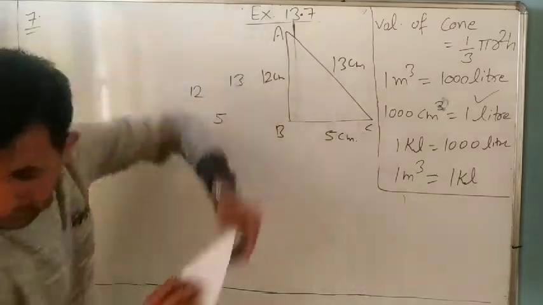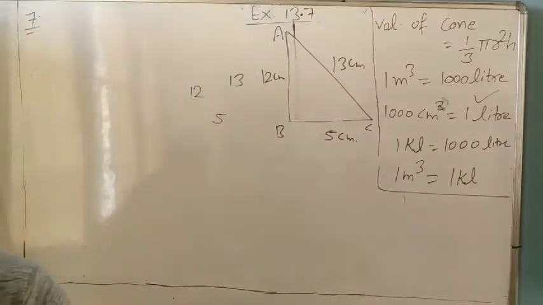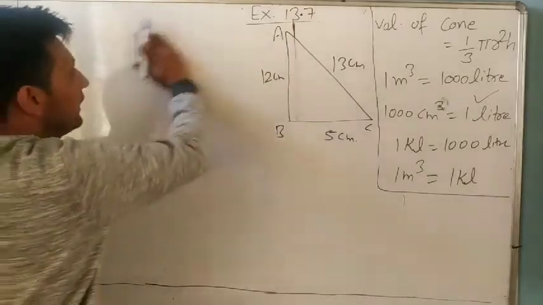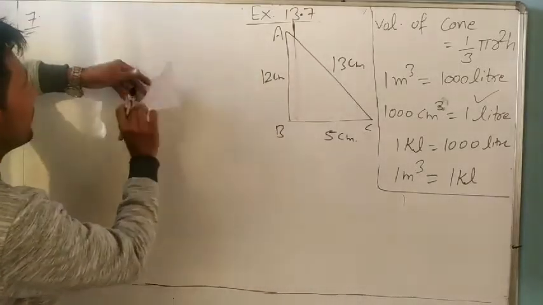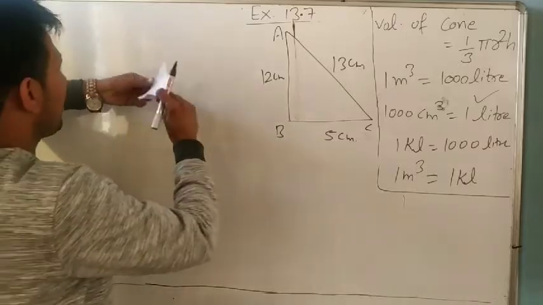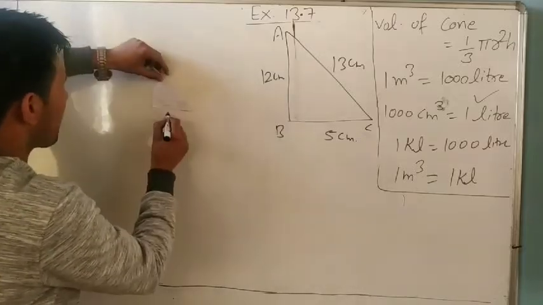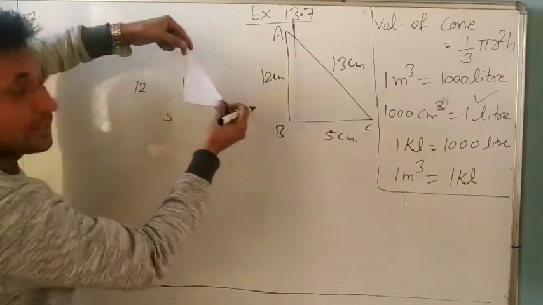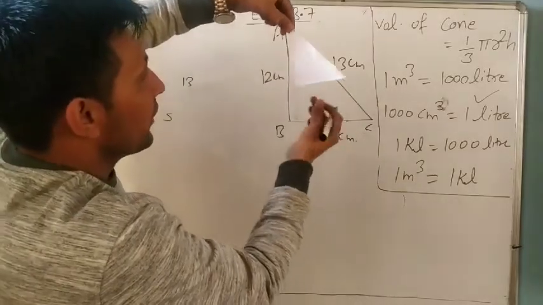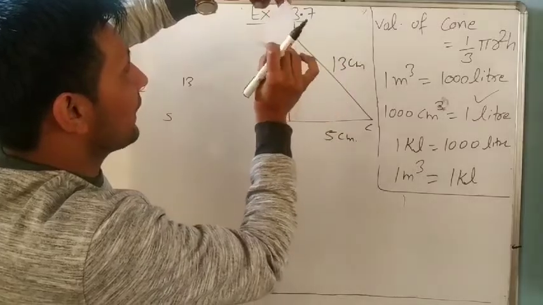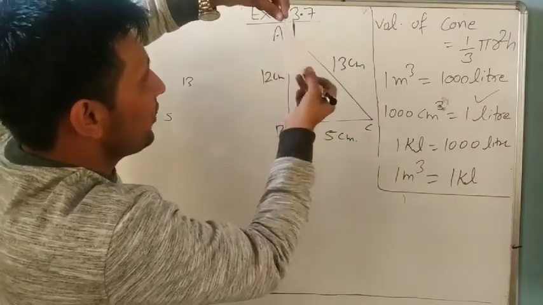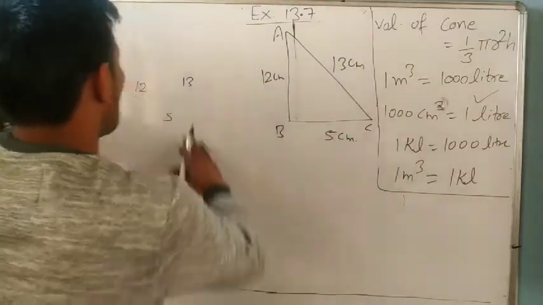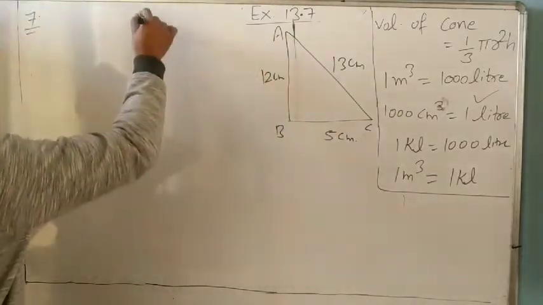And if we rotate this triangle, revolved around the side like this one, can you imagine what it becomes? It becomes a cone.